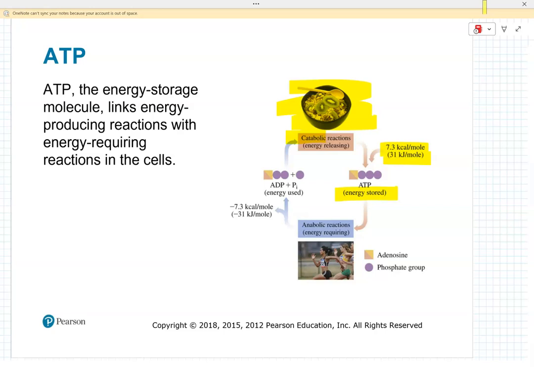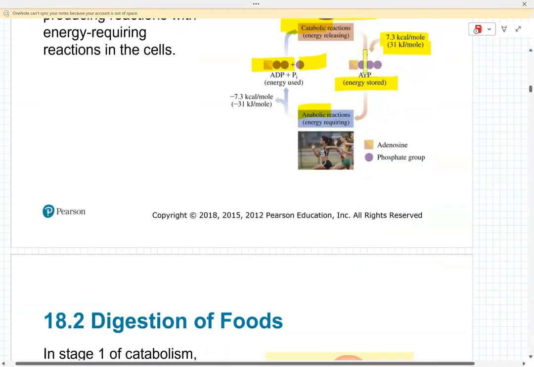ATP is then used in reactions that are anabolic, like muscle building, synthesis, as the energy source, but it can only be used as the energy source if it's broken down to adenosine diphosphate and the phosphate residue. These two can be recombined by investing energy that we receive from catabolic reactions, and the cycle goes over and over and over. Does that make sense?